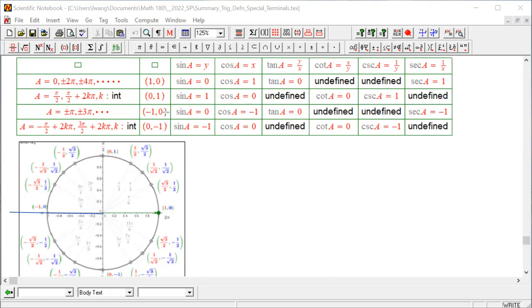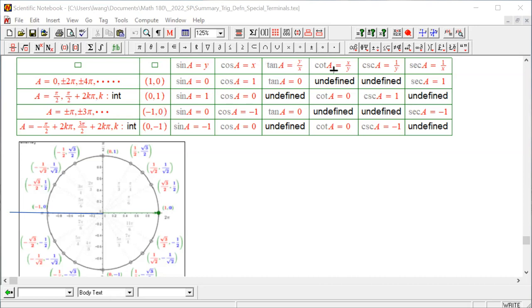Tangent is y over x, y is 0, therefore tangent is 0. Cotangent, which is x over y, is undefined. Cosecant, because we got 0 as the denominator, y is 0.